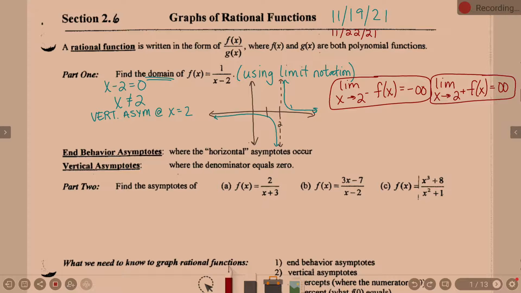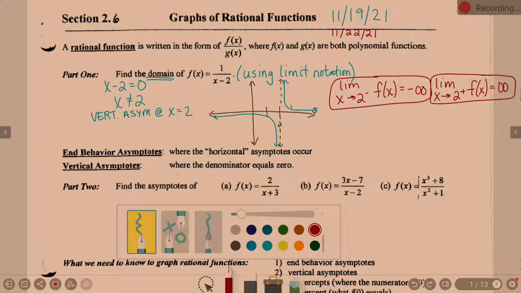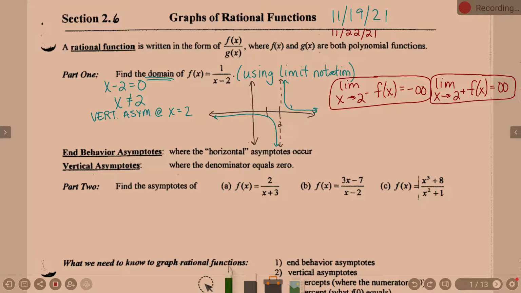Okay, to give you a little, first of all, let's see. This right here, we read this as x approaches 2 from the left is what that reads there.